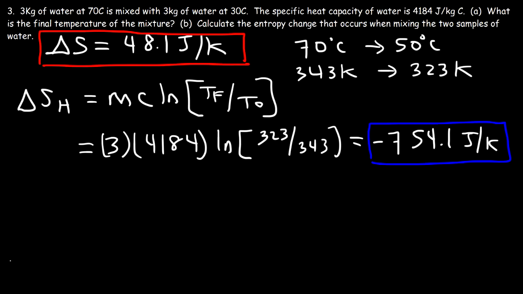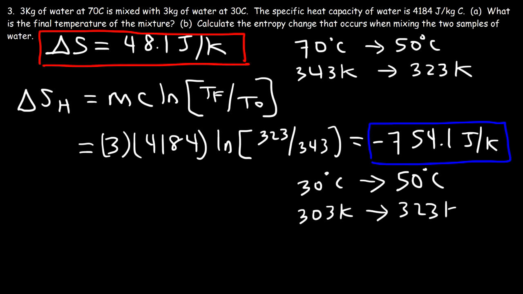Now for the cold water sample, the temperature changes from 30 degrees Celsius to 50. So at 30, if you add 273, this is 303 Kelvin, and 50 is 323 Kelvin.